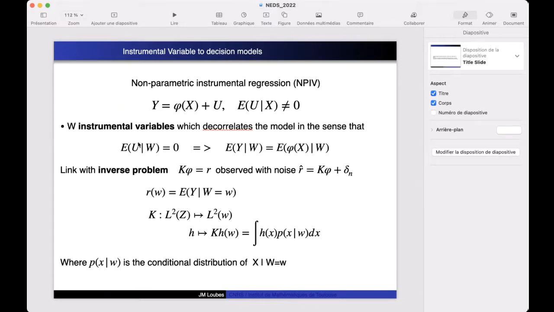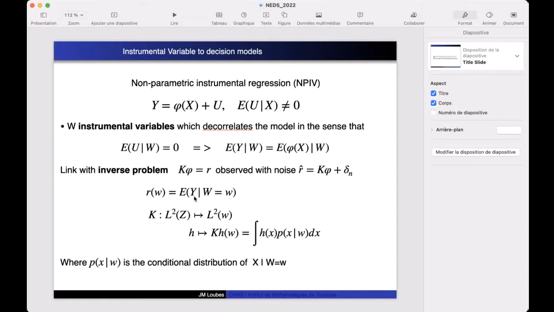The issue is when you write this expectancy, then the equation becomes, in fact, an inverse problem. So instead of looking at y, a standard regression model, your model becomes this inverse problem, k phi is equal to r. And k is the integral operator, and r is just the expectancy of the observation given w.